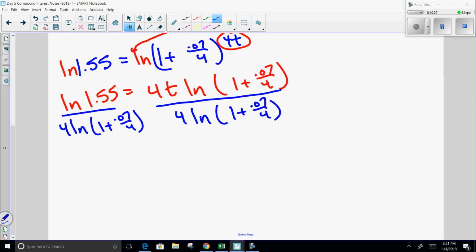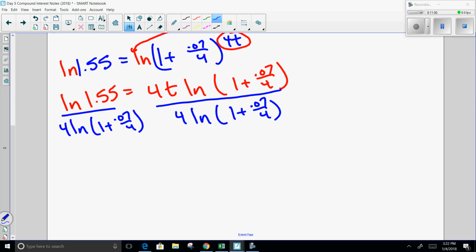So what would I do? Okay, so what I would do is I would actually start with the denominator. I would start with the parentheses here, and I would do 1 plus 0.07 divided by 4 and hit enter. And you get 1.0175, then you're going to do the natural log of that number, and you get 0.0173.